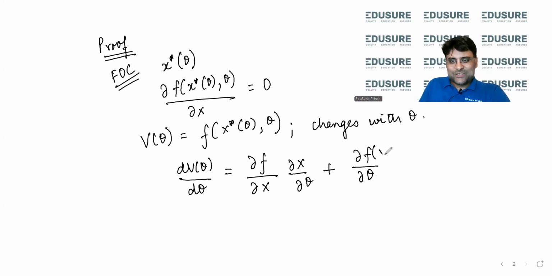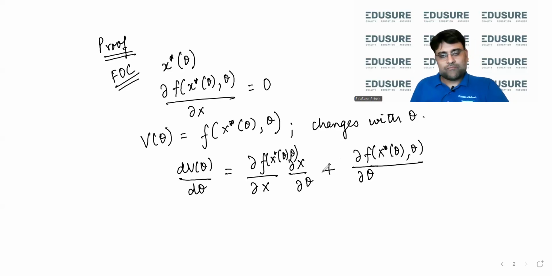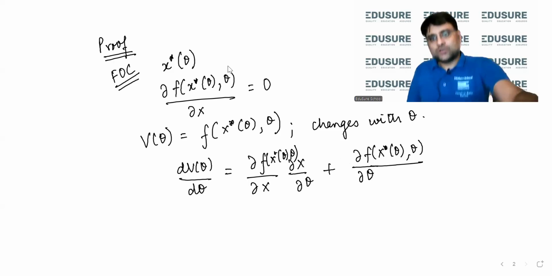Please understand each of these f has x star. Now we know for a fact the first order condition, what did we have? Del f del x is equal to 0. That's the first order condition.